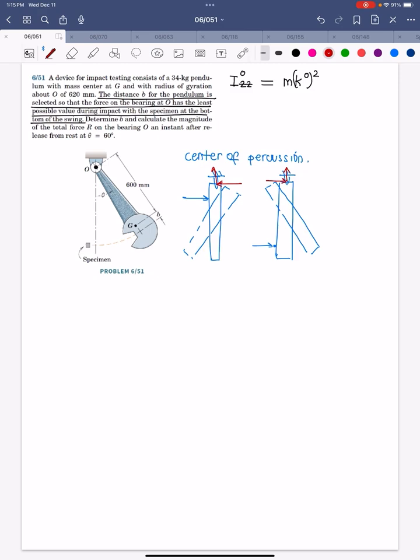This means that there is an optimal location on the pendulum where, when the pendulum is impacted at this location, the reaction force at O is 0.